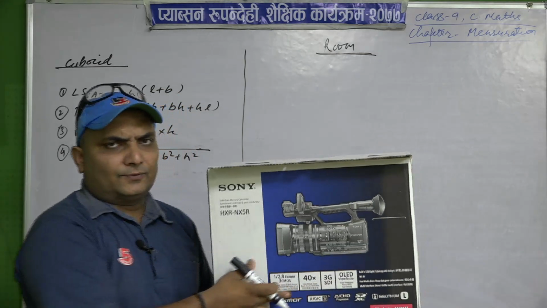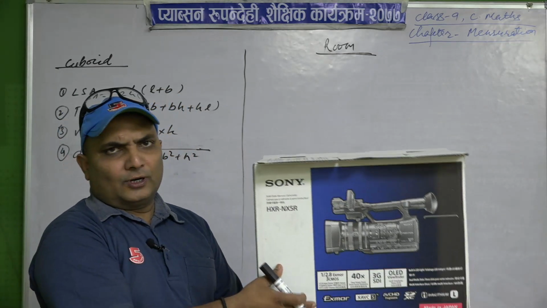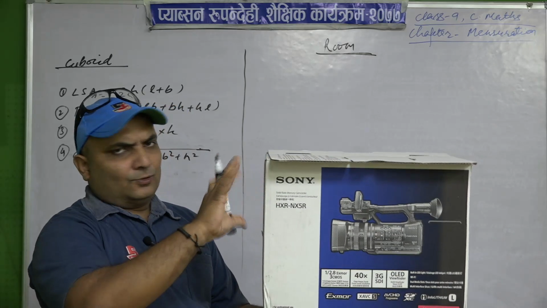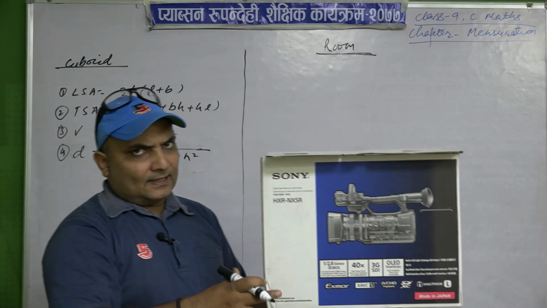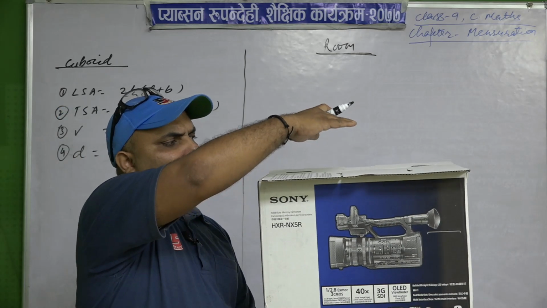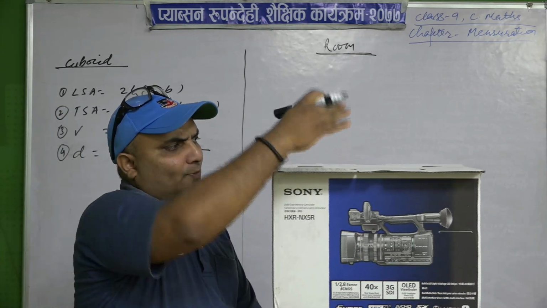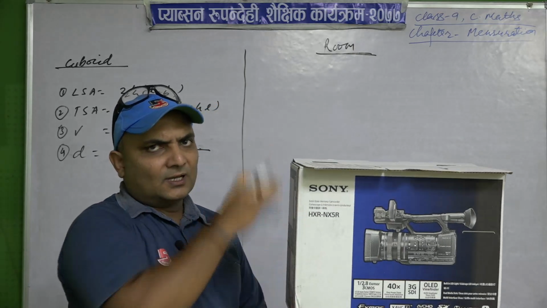So if you see your room and this cuboid, you will get the same shape. And these are the 2 bases of the cuboid.